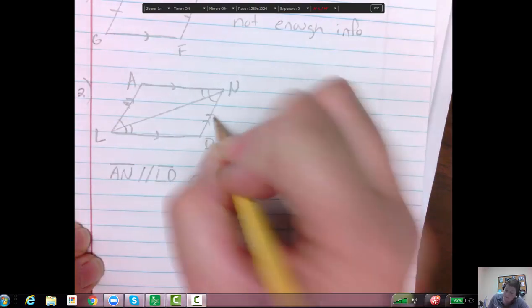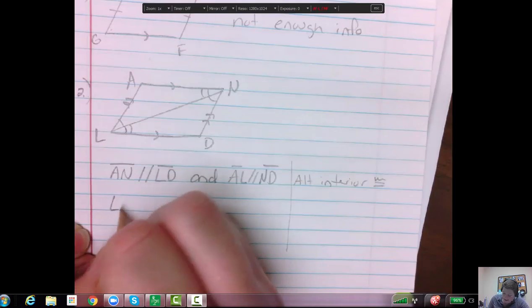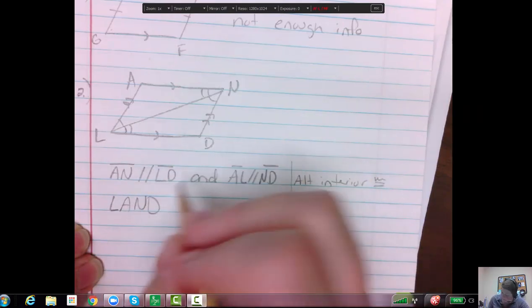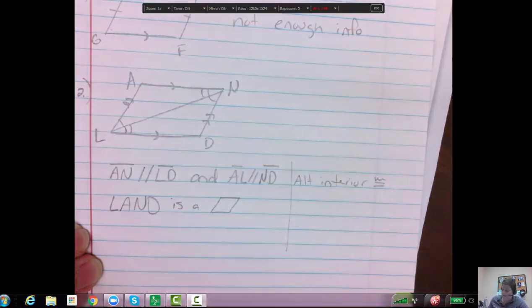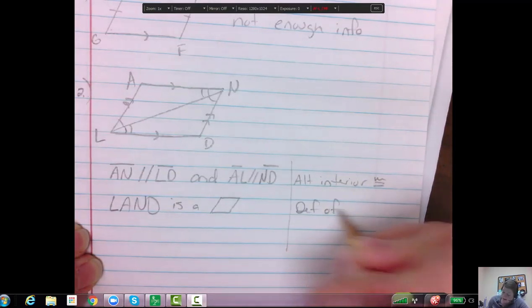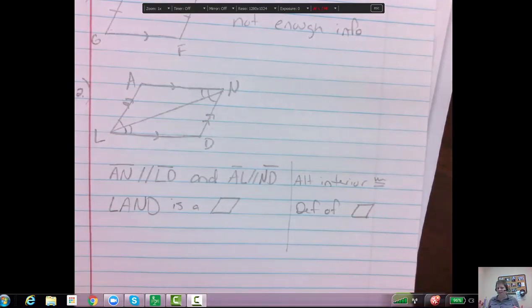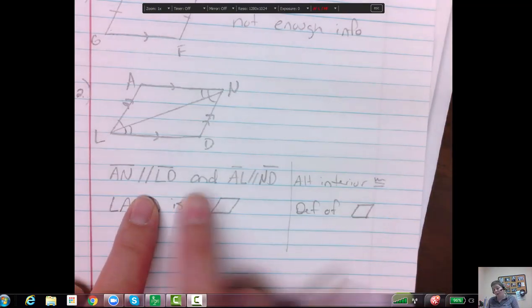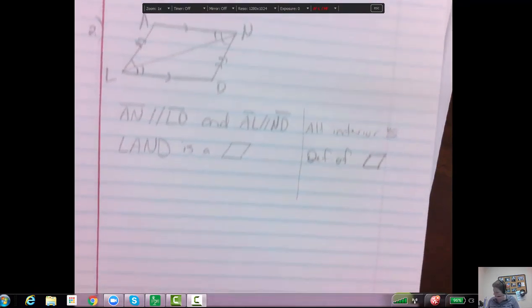We have now proved the definition of a parallelogram. So we can say LAND is a parallelogram by the definition of a parallelogram. This is the symbol for parallelogram, kind of lame. I love the symbols though, because otherwise you're writing out a lot of things. So we can use alternate interior angles to prove something's congruent.